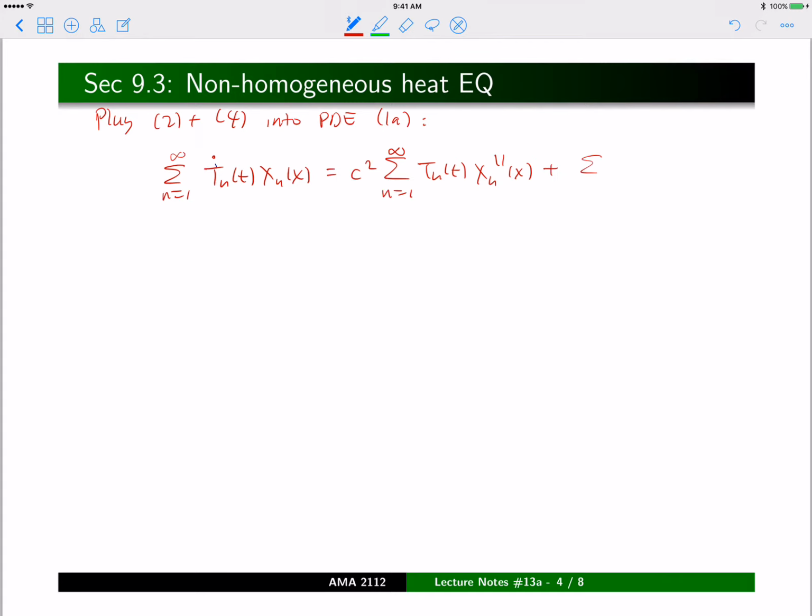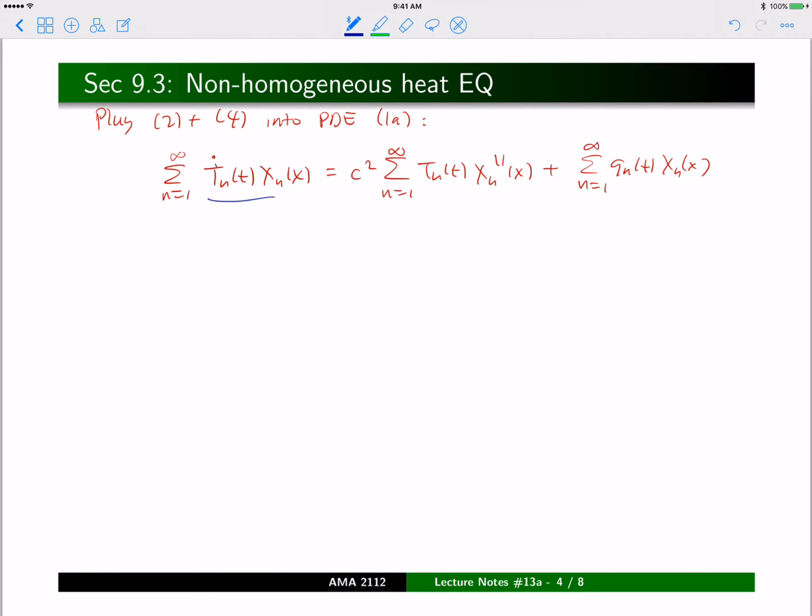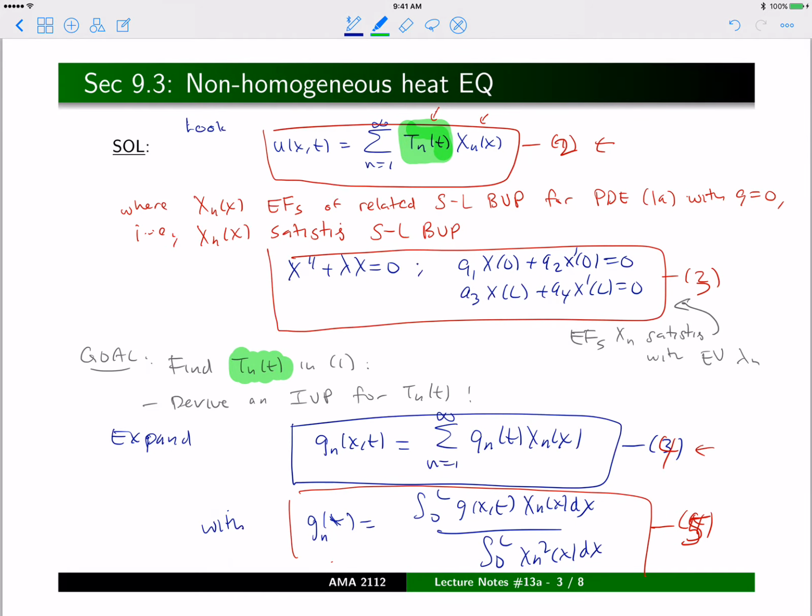So plus our expansion of the non-homogeneity. So this is basically our ∂u/∂t, and this is basically our ∂²u/∂x². But we know that Xn of x satisfies this boundary value problem 3.